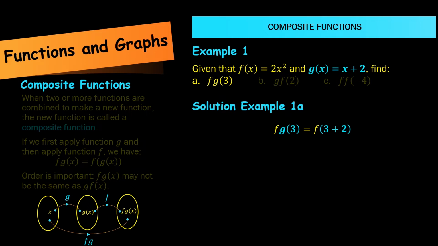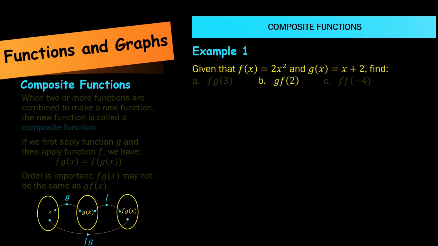We've simply, of course, substituted x equals 3. f of 3 plus 2 equals f of 5. And if we plug in x equals 5 in the equation for f of x, we obtain 2 times 5 squared, because of course f of x is 2x squared. And this equals 50.